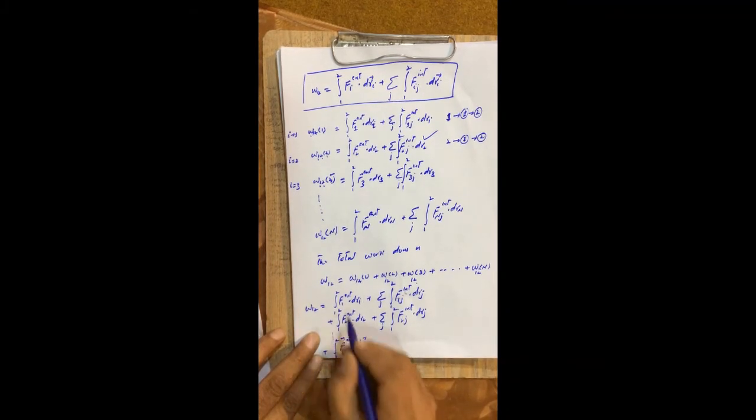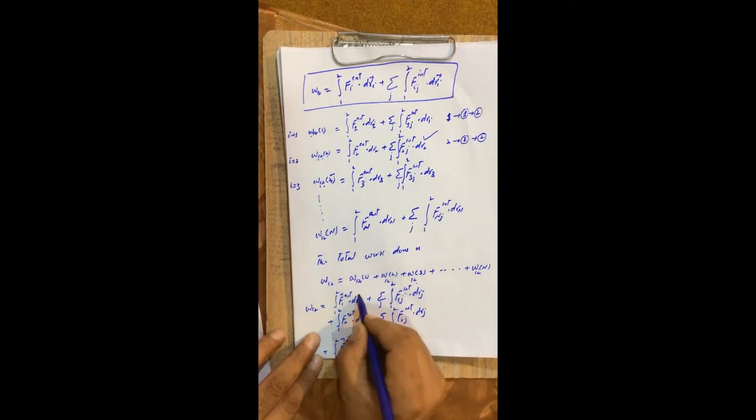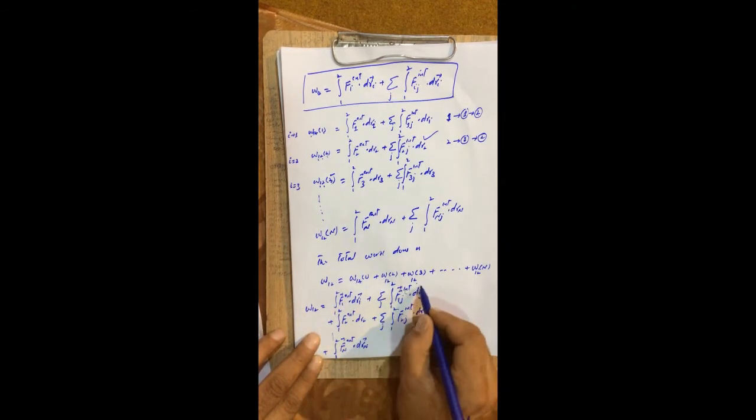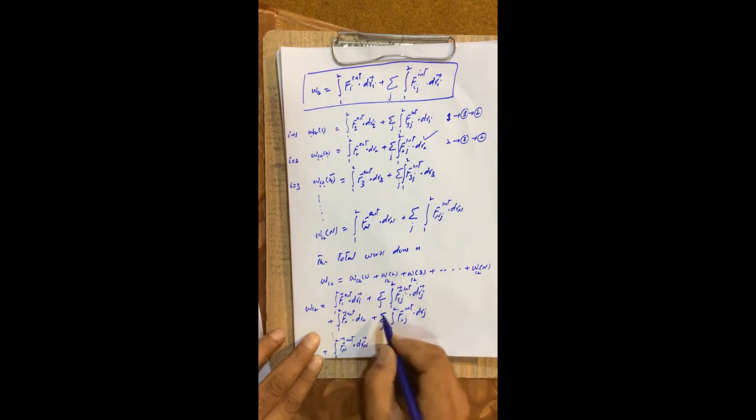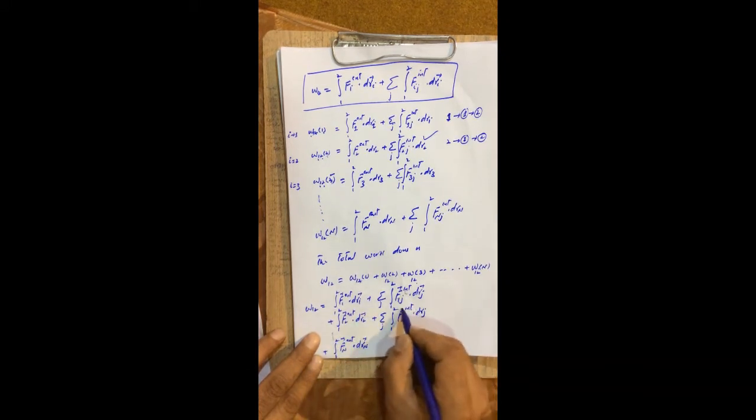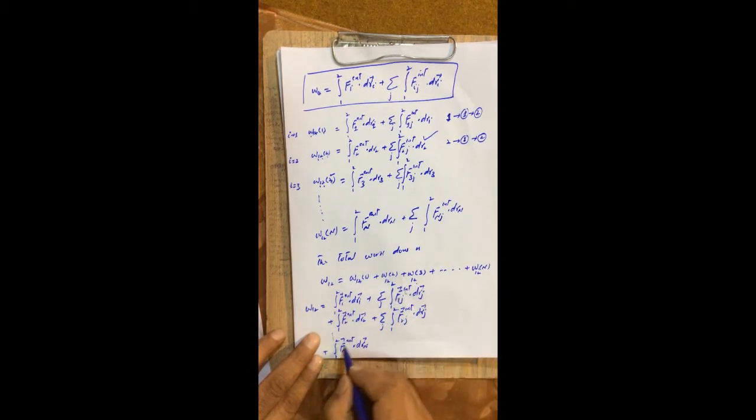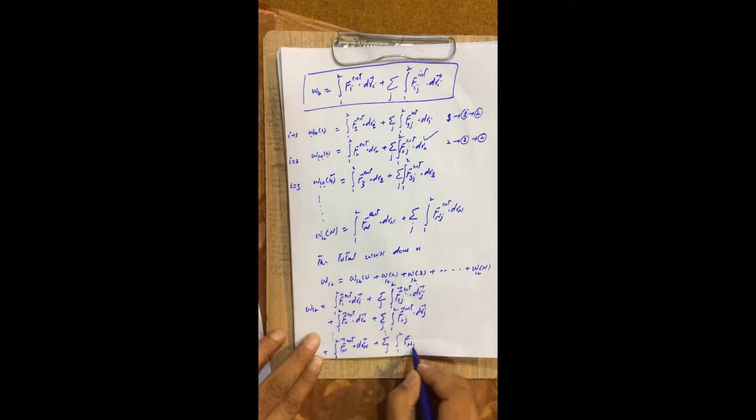There is a vector sign also in the notation with every term because these are vector quantities, so I forgot it here. Plus the sum over j, and these terms are also here, the integral from 1 to 2 of Fnj internal dot drn.